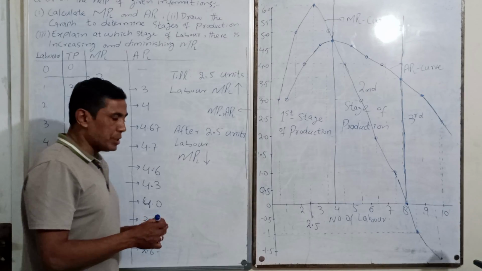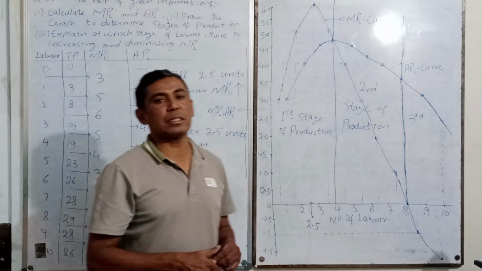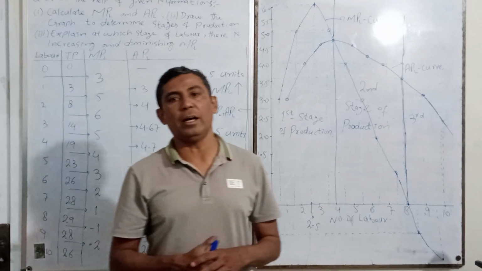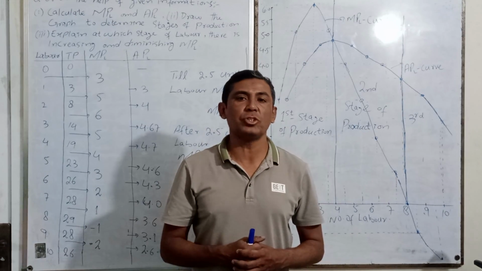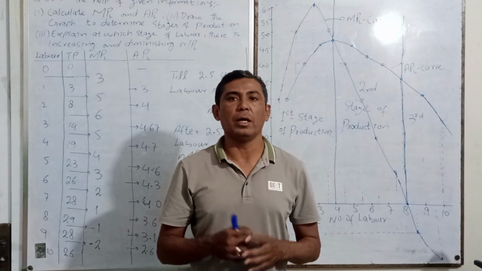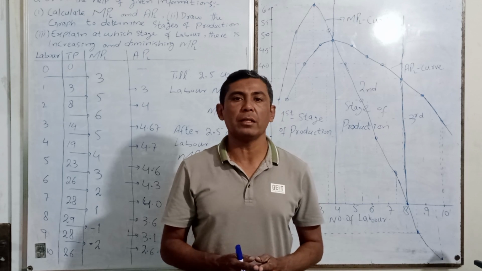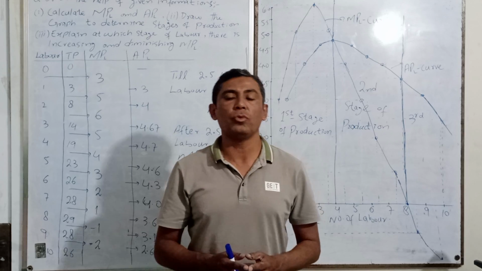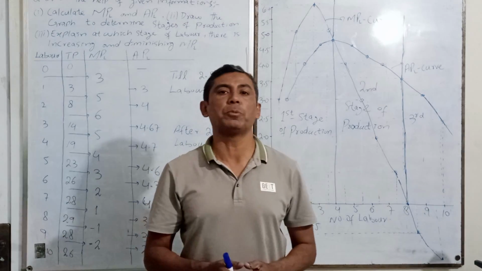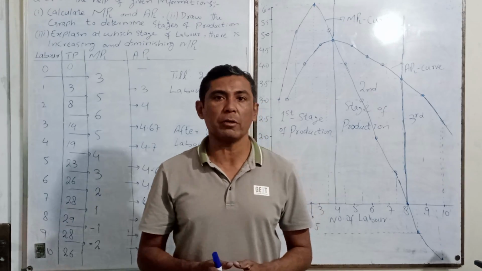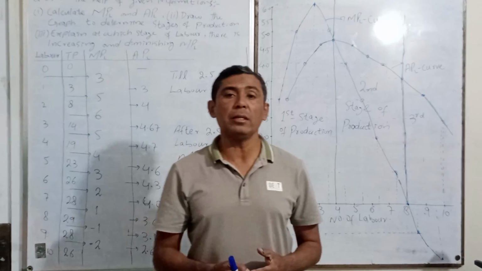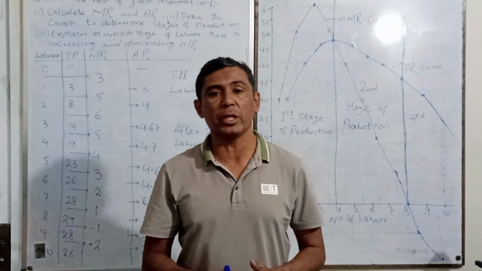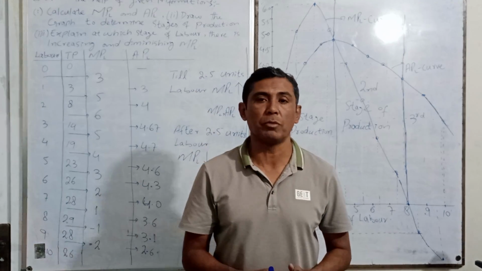So students, this lecture is now completed, and hopefully everything is clear for you. Again, I am repeating, the objective of this topic was to determine the marginal product and average product through the total product values, and then we tried to draw the graphs of the total product curve, marginal product curve and average product curve.